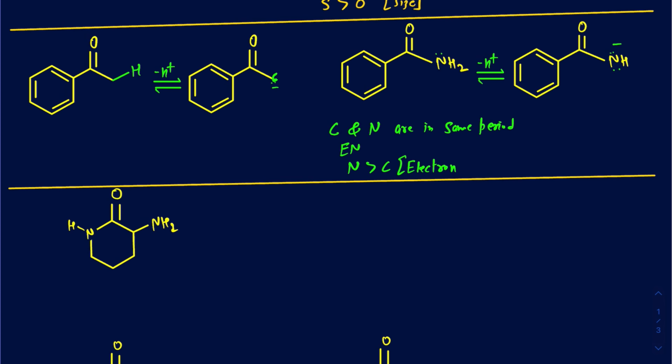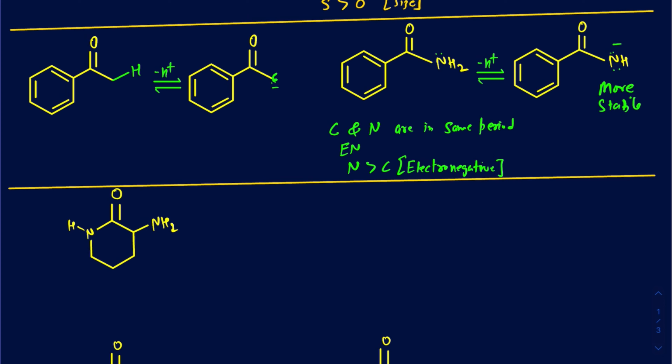Think of it this way: whichever atom is more electronegative can take on that electron, or handle that excess pair of electrons on itself, better. That's exactly what's going to happen here. Since nitrogen is more electronegative, it can handle that excess electron pair on itself a little bit better than the carbon. So that makes this nitrogen, the conjugate base on the right side, more stable.